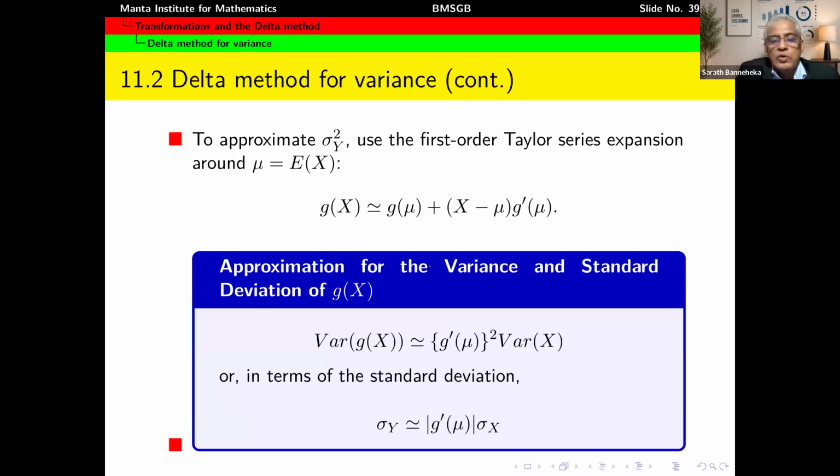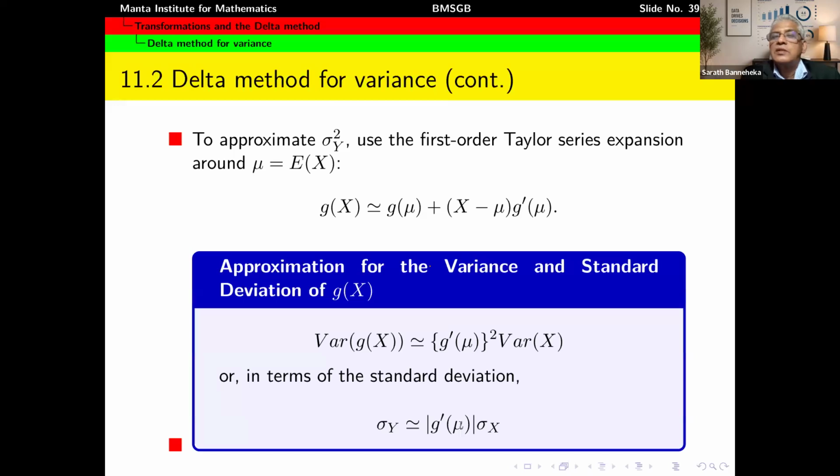And if you take the square root, then we can get the standard deviation. The standard deviation of y, that is the standard deviation of g(x), will be equal to the absolute value of g'(mu) times the standard deviation of x, right? When you take the square root of this square term, we don't consider the negative value, because for the standard deviation we get only the positive value.